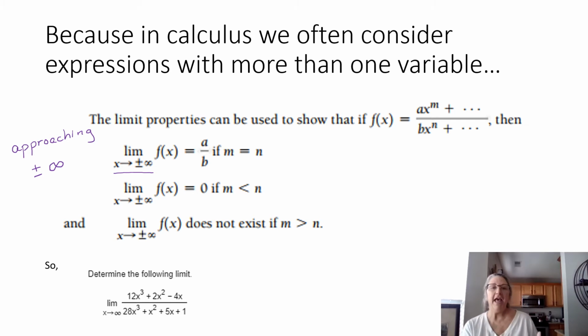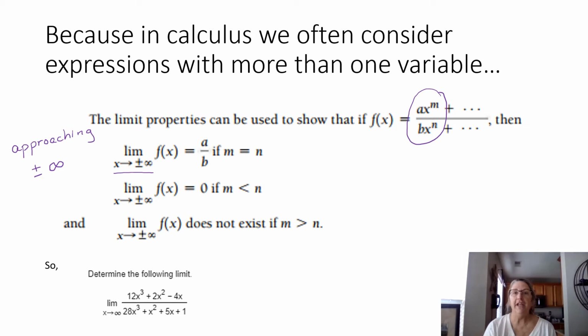And so we have three different things to consider. If we're given f of x equal to ax to the m exponent over bx to the n exponent, I want you to also remember that we are implied to have both the numerator and the denominator in descending order.